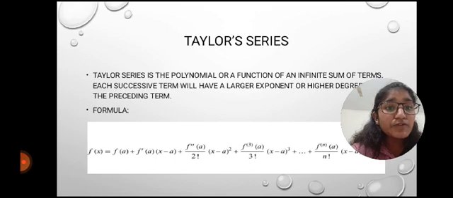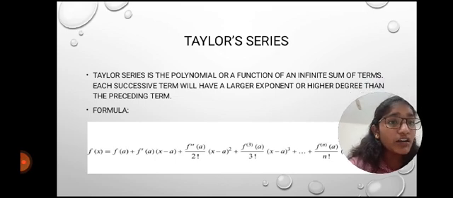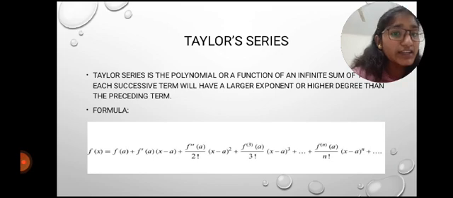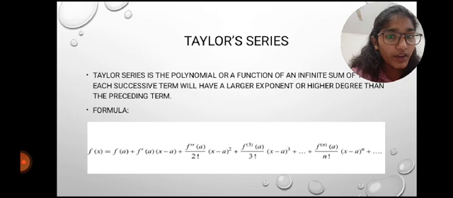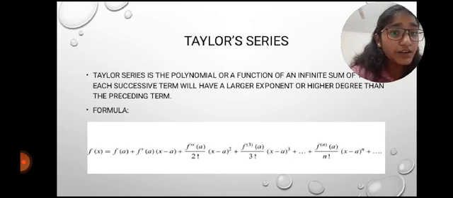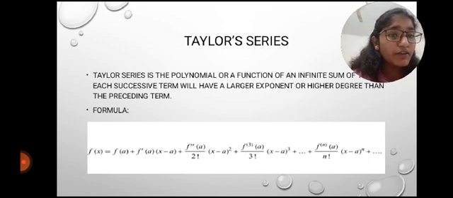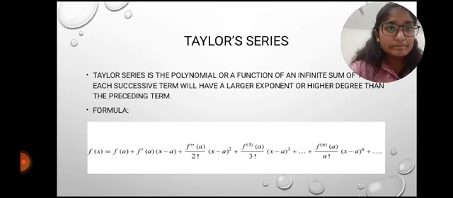Each successive term will have a greater exponent or a higher degree than the preceding term. The formula is f(x) equals f(a) plus f'(a)(x minus a) plus f''(a) divided by 2 factorial times (x minus a) squared plus f'''(a) divided by 3 factorial times (x minus a) cubed, and so on, continuing until the end.